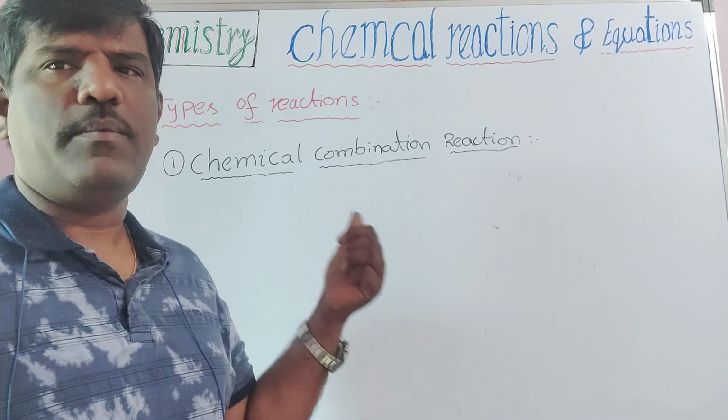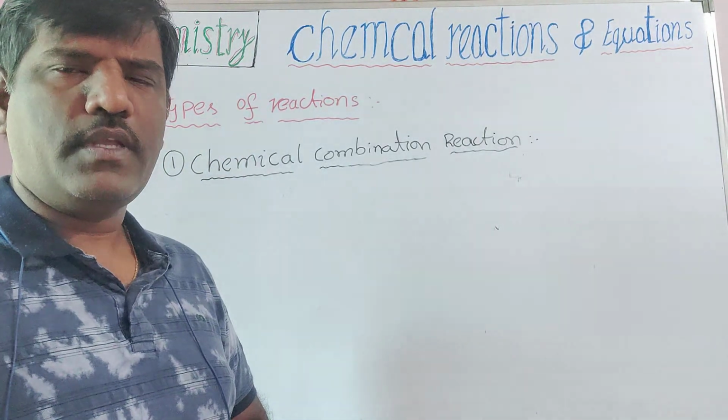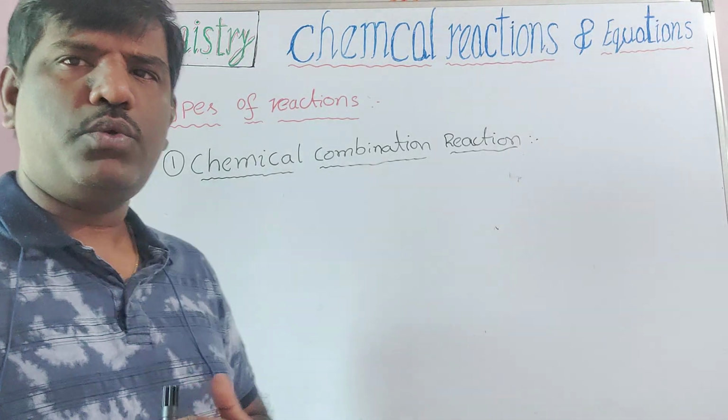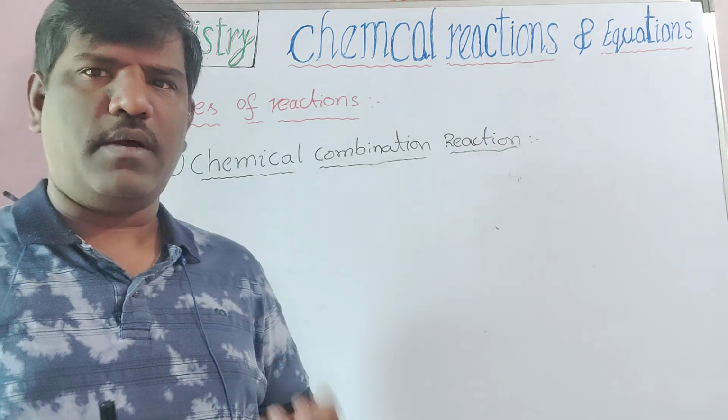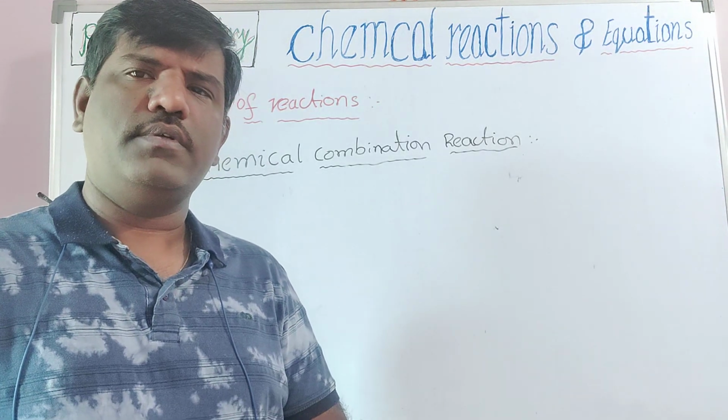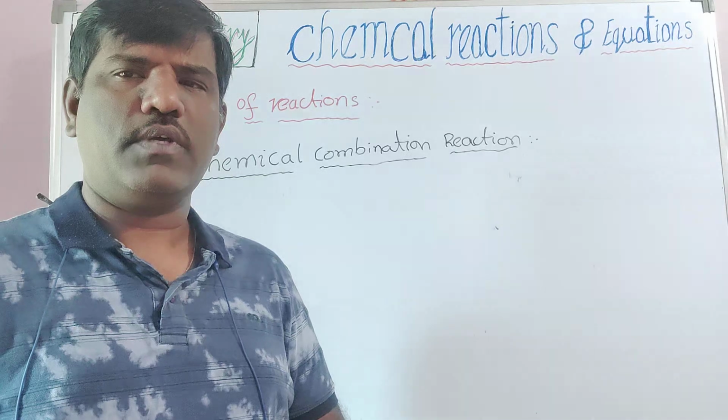Chemical combination reaction means when two or more elements or compounds, that may be elements or compounds or element and compounds, combine to form a single product, it is called a chemical combination reaction.